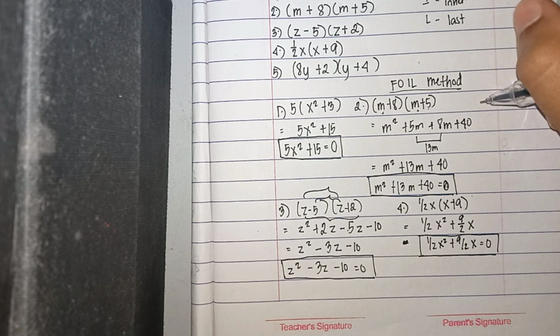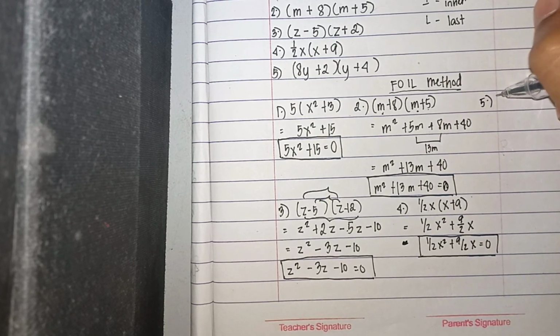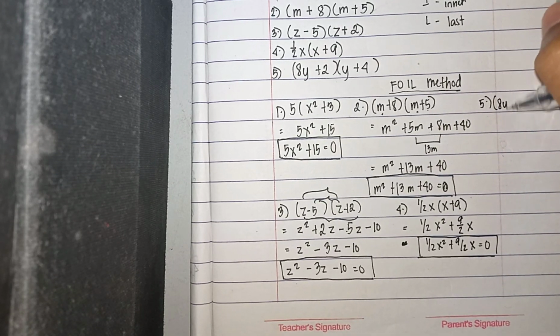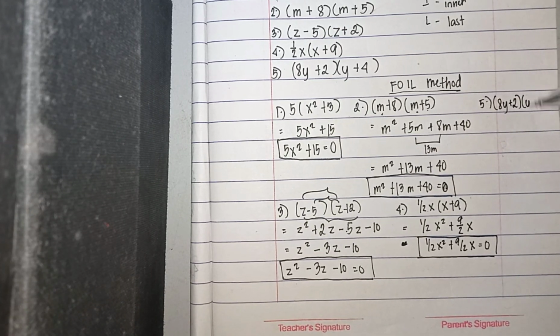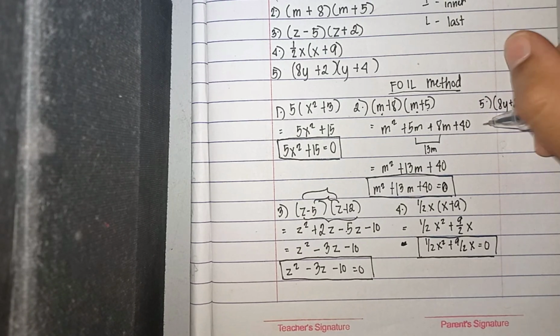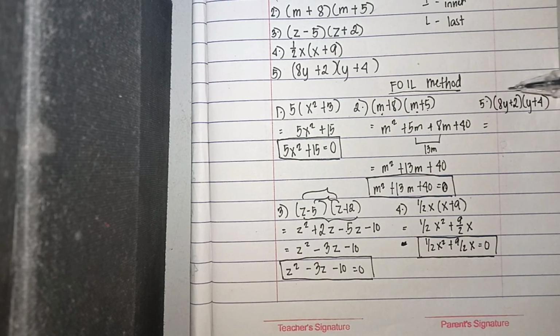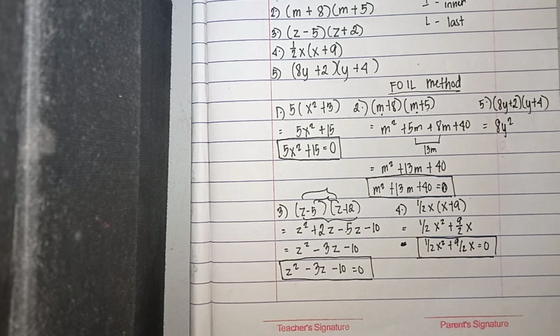So let us proceed to number 5. So 8y plus 2 times y plus 4. So is equals to 8y times y is 8y squared. We are using the FOIL method.